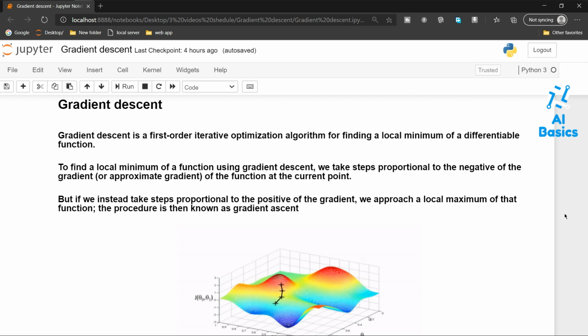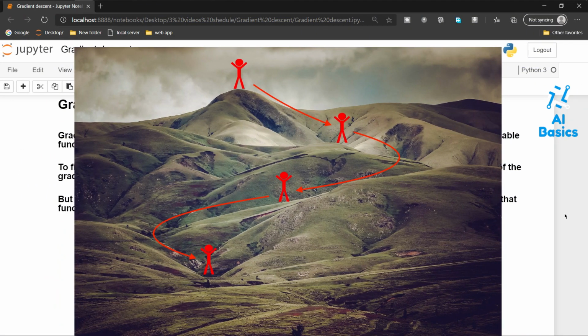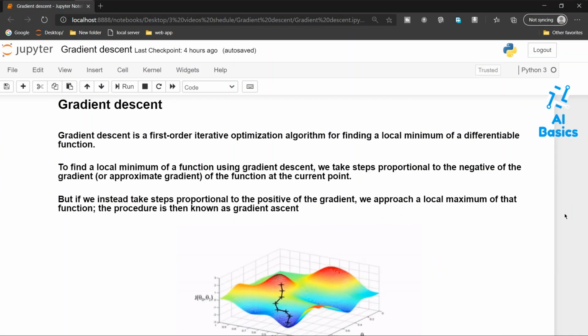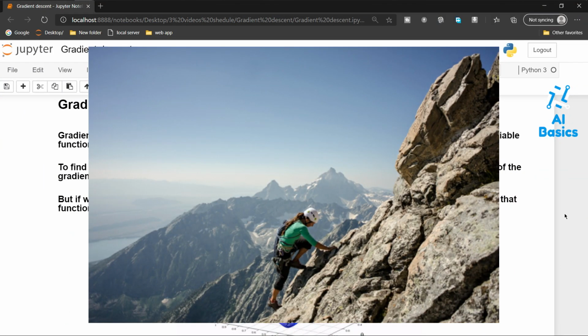Gradient descent is finding the local minimum. For example, you are standing on top of a mountain and you are coming from the top to the bottom, walking from the top of the mountain to the ground. That is called gradient descent. Then what is gradient ascent? You are climbing the hill from the ground to the top of the hill.